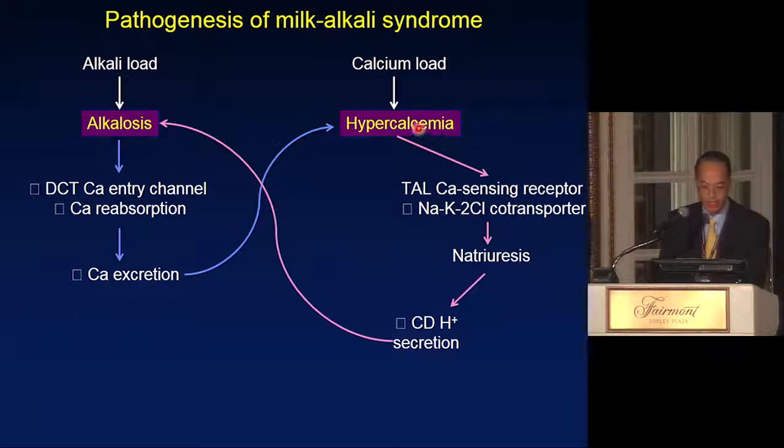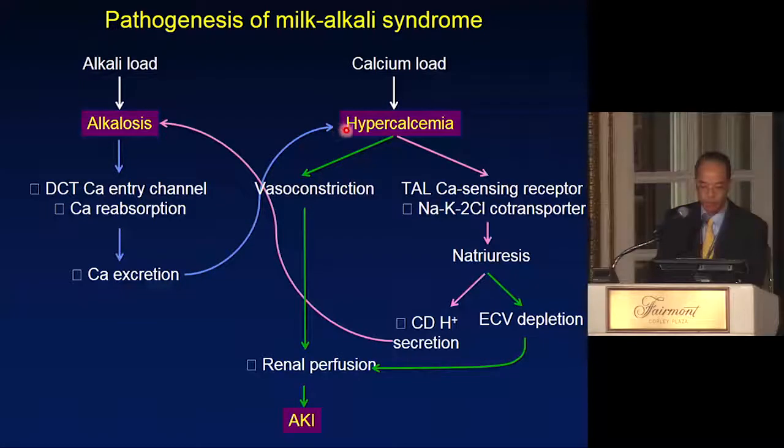Conversely, hypercalcemia itself causes a natriuresis because it actually stimulates the calcium sensing receptor in the thick limb and inhibits the NKCC2 cotransporter. So if you will, calcium itself acts like a loop diuretic, and as it causes natriuresis, the increased sodium delivery to the collecting duct increases acid secretion, and so that worsens the alkalosis. So it's a bidirectional process.